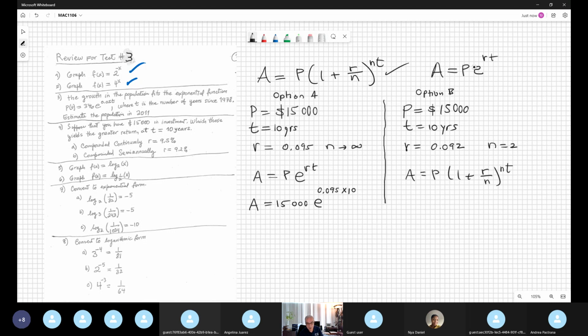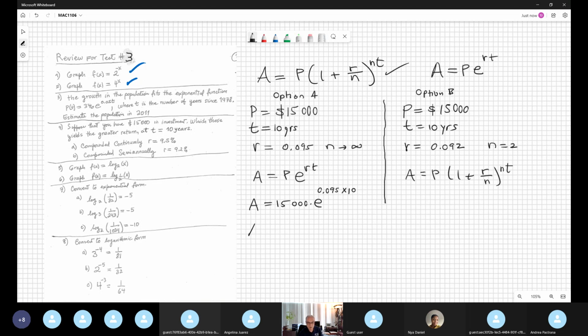Don't forget the multiplication sign. Exponential, you know where you can find it in the calculator. Now inside the argument of the exponent is 0.095 times 10. Boom, I get the answer.